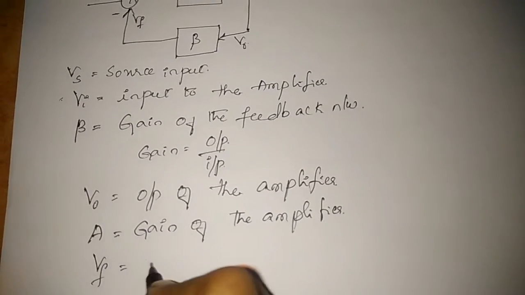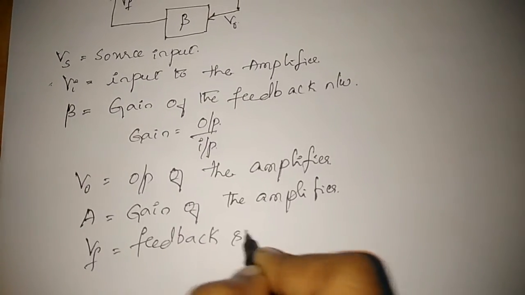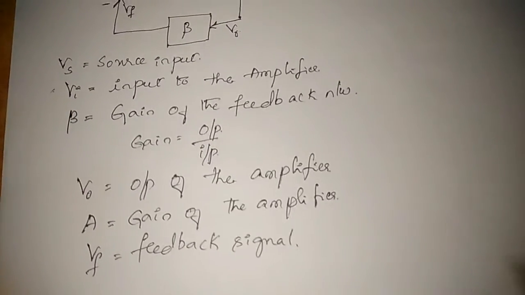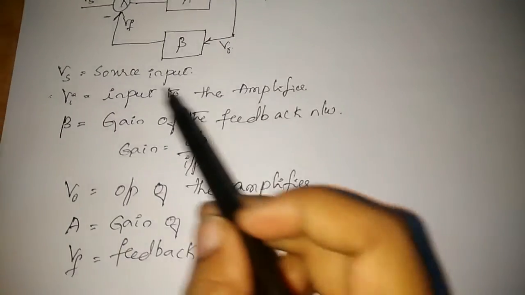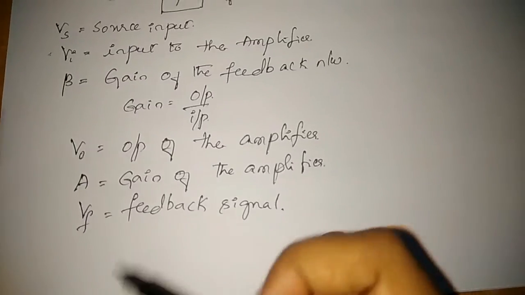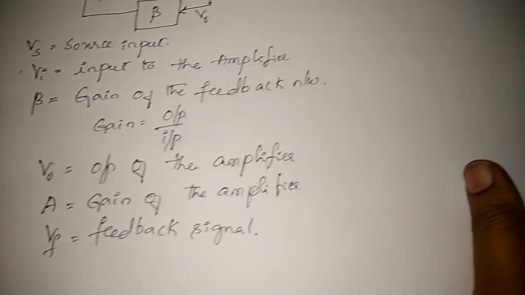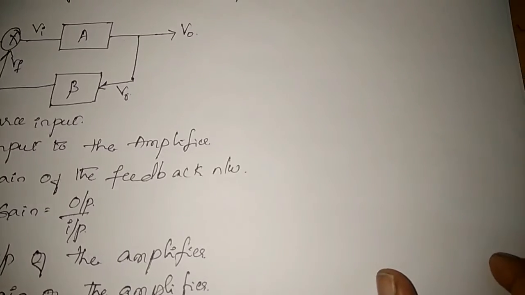Vf represents the feedback signal. So this is the diagram, and we have these parameters here: Vs, Vi, beta, V naught, A and Vf.